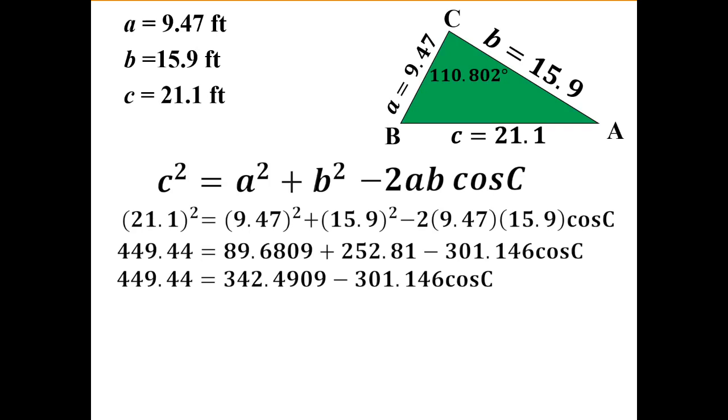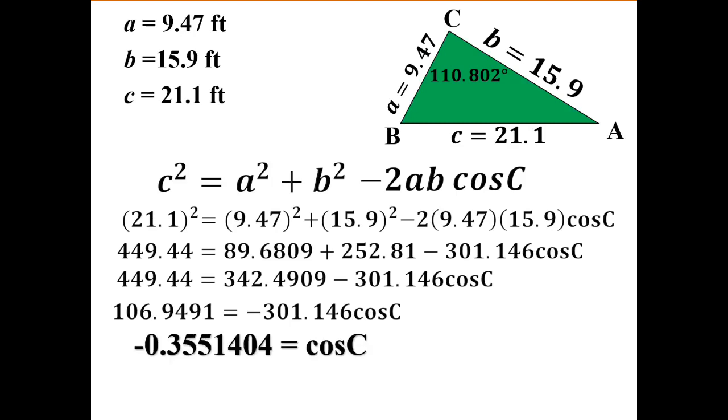All right, then I can combine 89.6809 with 252.81, giving me 342.4909. Now I'll start moving things to the side. Let's get rid of 342.4909 by subtracting it from both sides. Then we can divide both sides by negative 301.146.